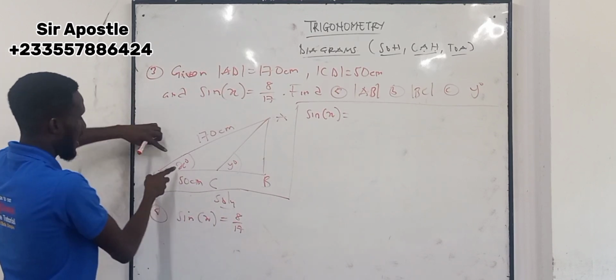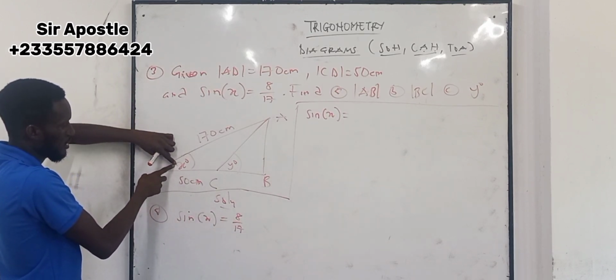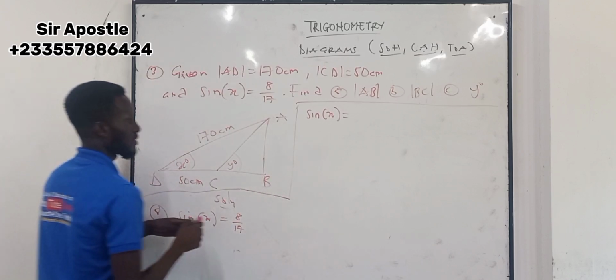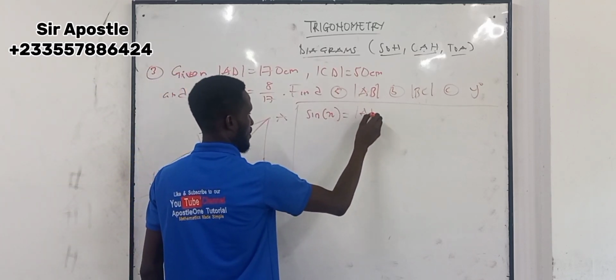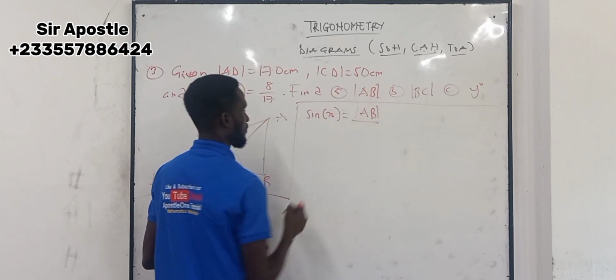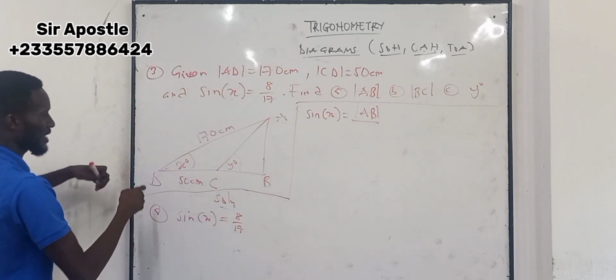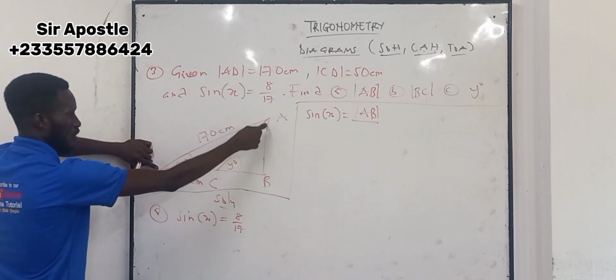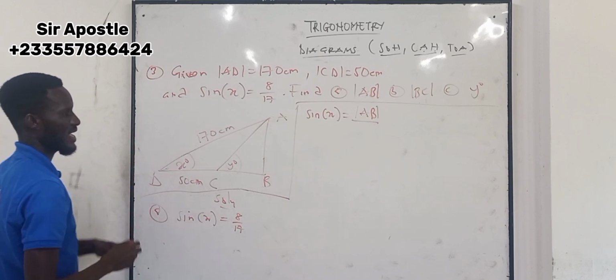Hypotenuse. So when I consider the sine like this, the opposite will be AB over the hypotenuse. The hypotenuse is AD.